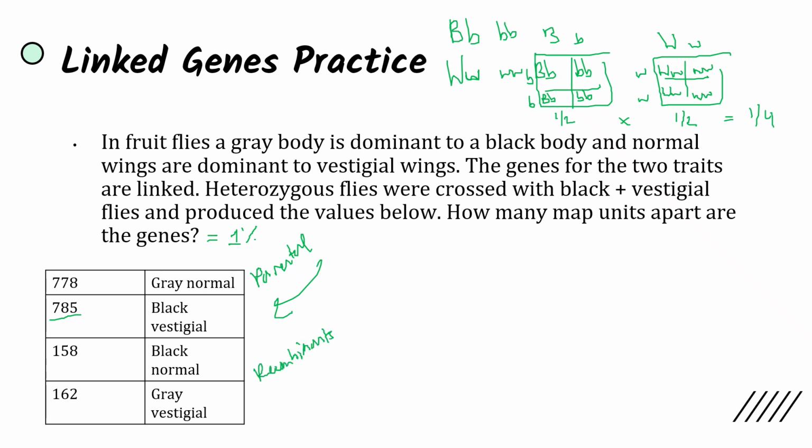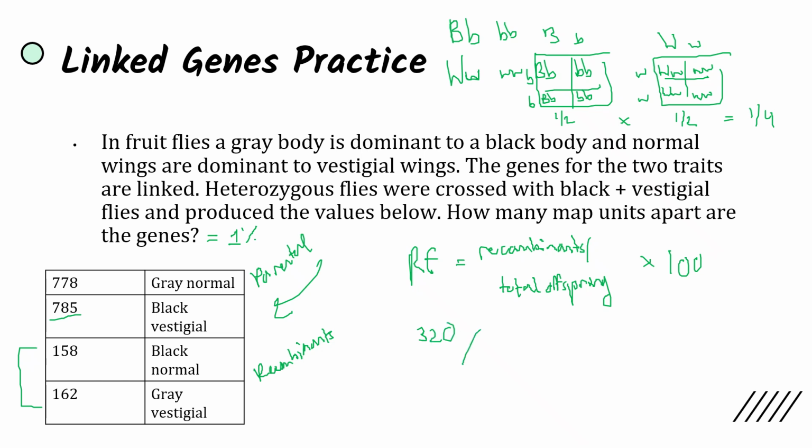So then if we are looking for our recombination frequency, I'll call it RF here, that's the recombinants divided by total offspring, and then multiplied by 100 to make a percent. And so the number of recombinants here would be adding up these two groups here, and that's going to make 320.